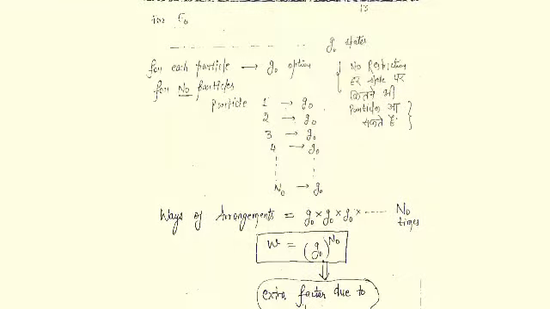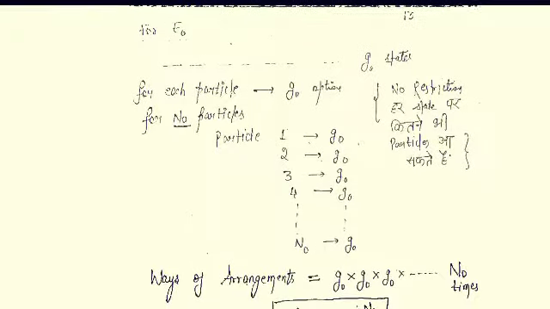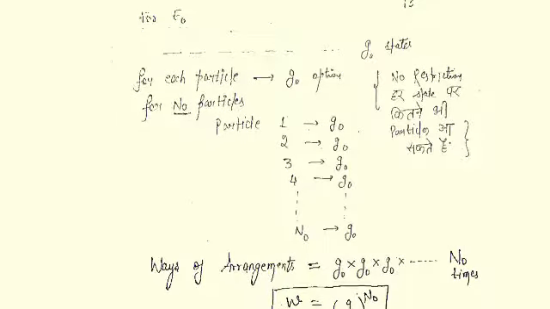So for E0 energy there may be G0 degeneracy, meaning G0 can be any number, and those states are at the same energy.